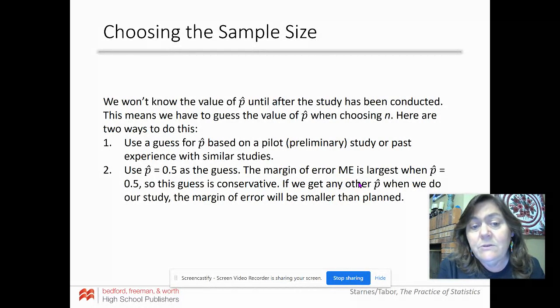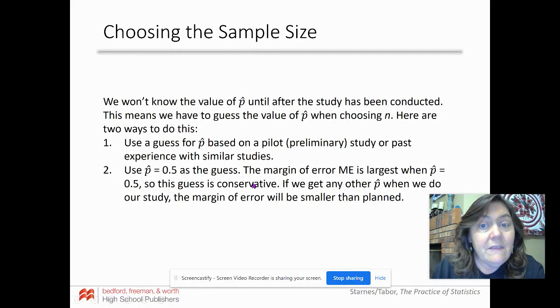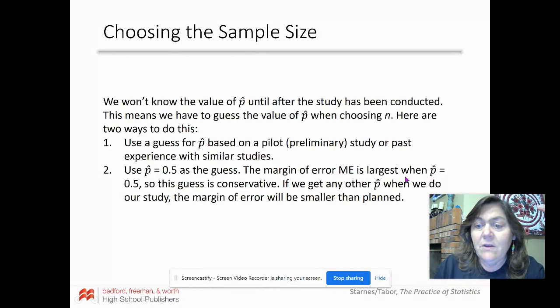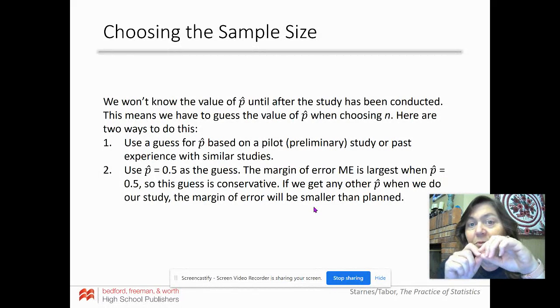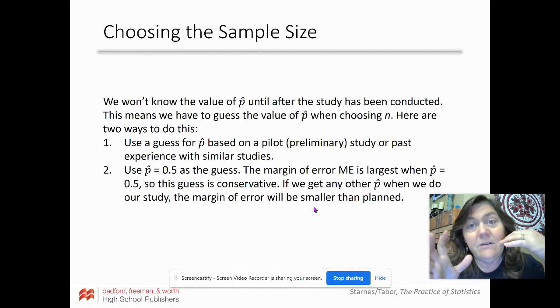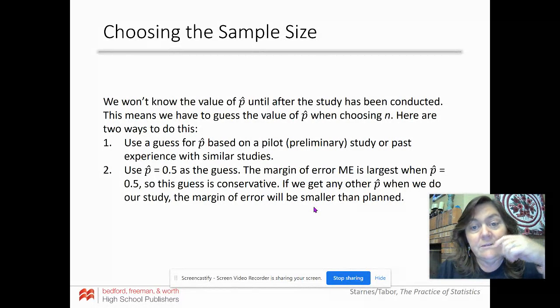So what we do is we use, as you can see here, 0.5 as our guesstimate in that formula, because 0.5 will make that margin of error the largest possible. Put in the other values for p-hat: 0.5 times 0.5 is 0.25, but if you start going into other values, you're going to get a smaller margin of error.